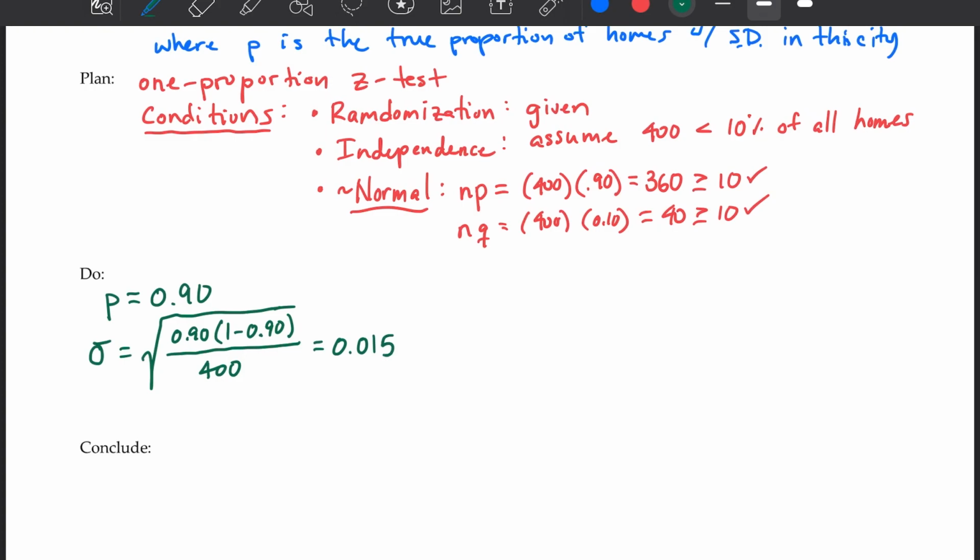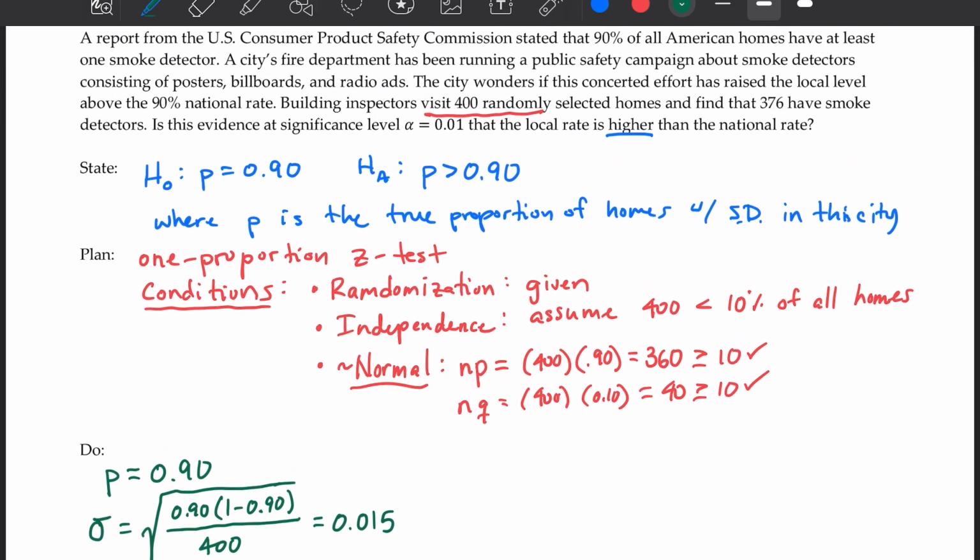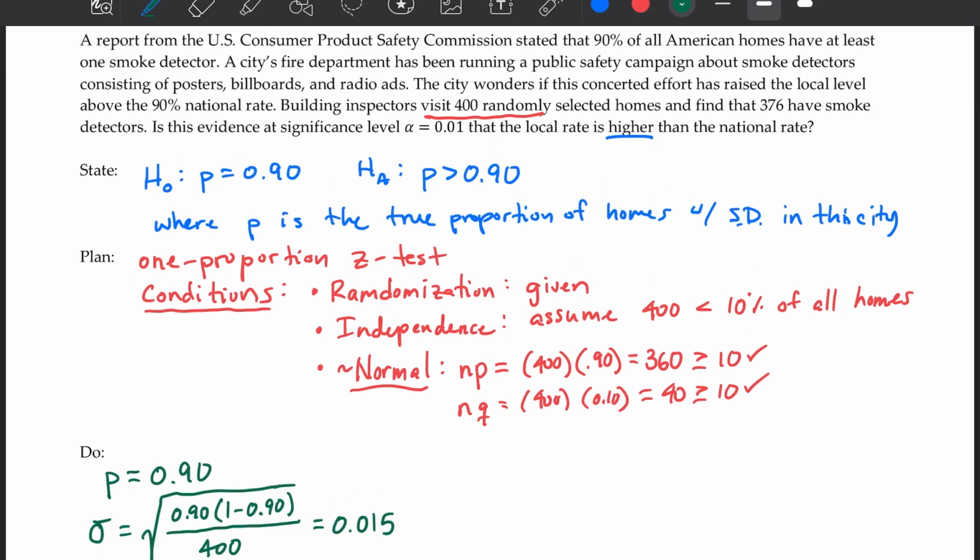And so now what we want to do next is find our test statistic. So the test statistic is our z-value that we're going to find. So recall that to find a z-score, we're going to go to the observation, which was coming up here, our p-hat. What did our p-hat end up being here? Well, it is 376 out of 400.